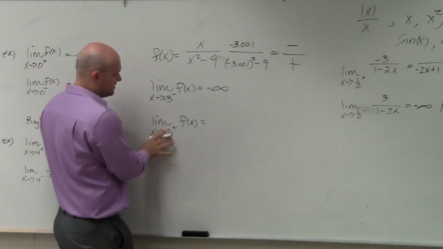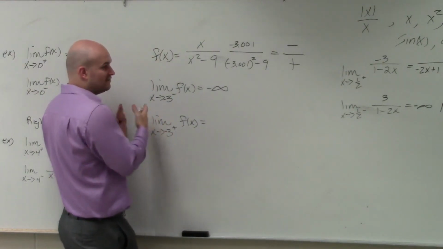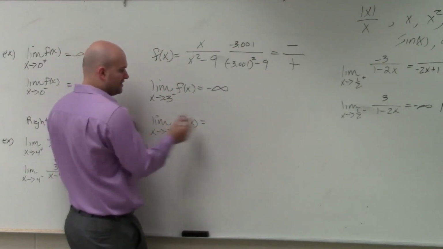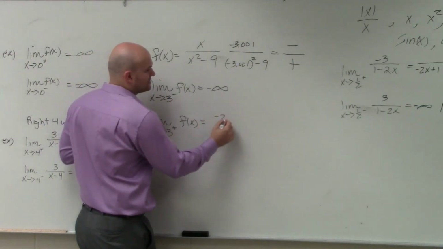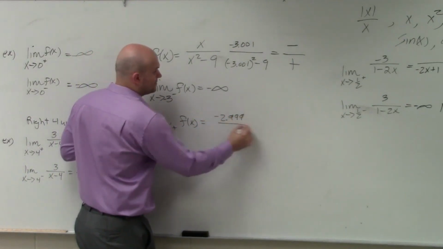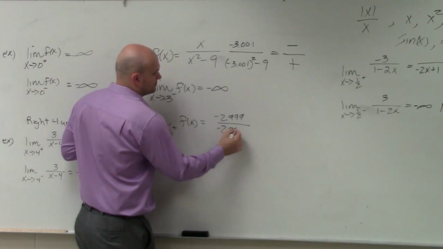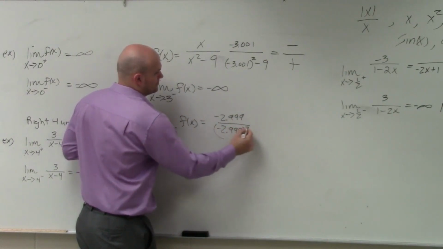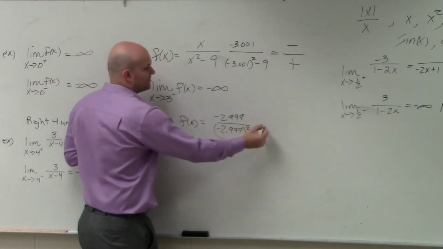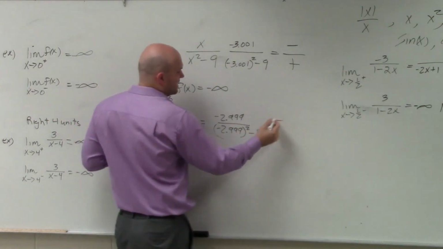If you look from the positive side, let's choose a value that's just to the right of negative 3. So negative 2.999. Okay, again, our numerator is negative.